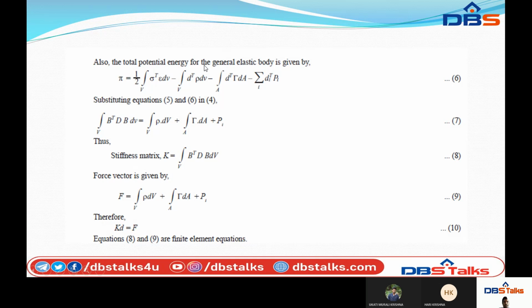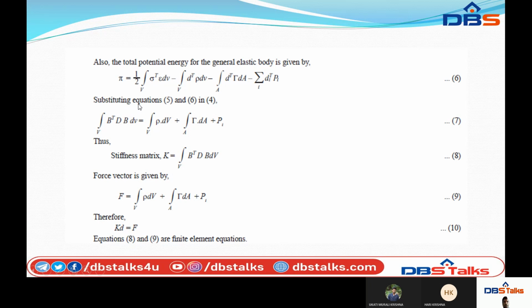Then the total potential energy for a general elastic body is given by π equal to half the integral over volume V of σᵀ ε dV, where σ is the stress vector and ε is the strain vector, minus the integral over V of dᵀ P dV, the body load, minus the integral over area of dᵀ T dA, the traction loads, and then minus the summation of dᵀ Pi, the point loads.